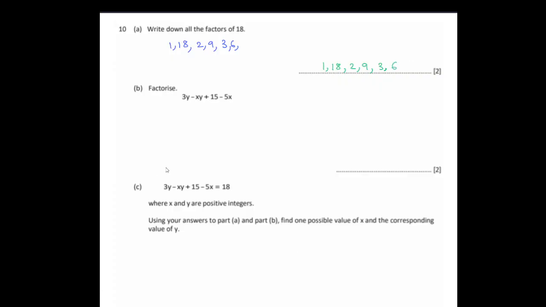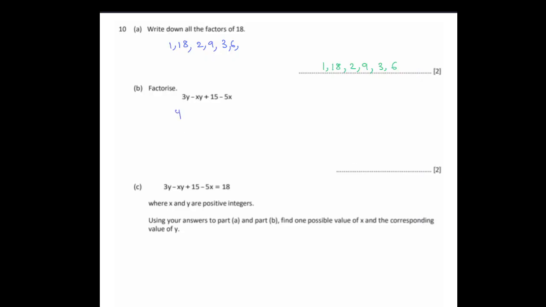Question number B. Factorize 3y minus xy plus 15 minus 5x. For factorization, you have to take common factors from the terms. In the first two terms I can see y is common, so take y into 3 minus x in brackets.